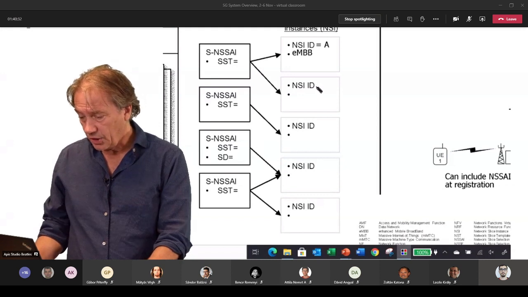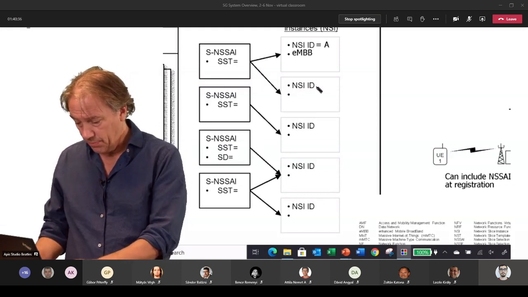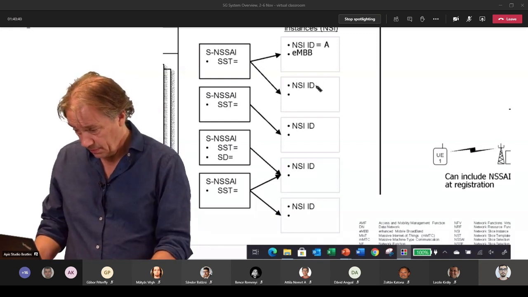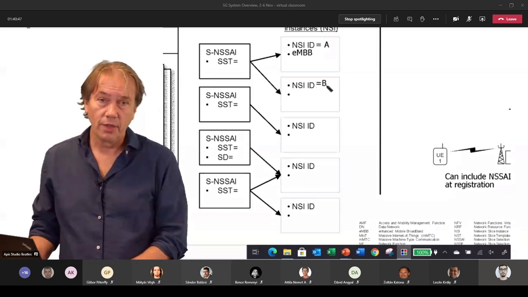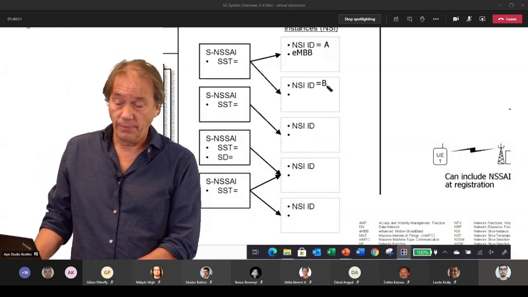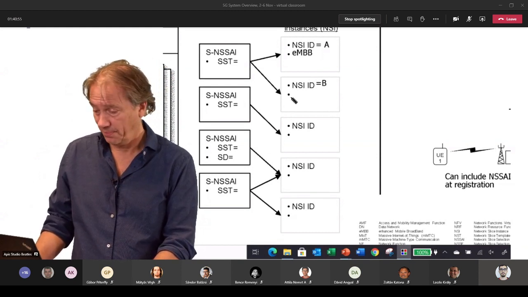Network slice instance ID B is also an eMBB slice. Same type of slice.